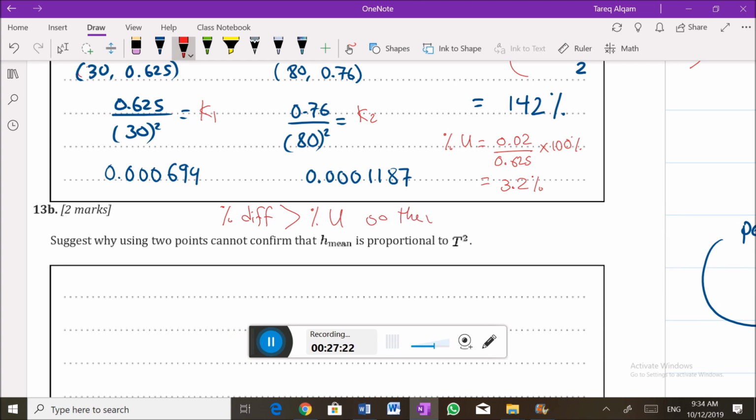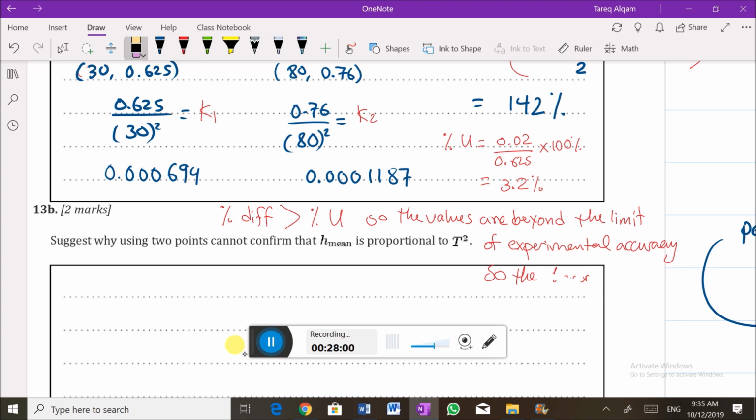So the values are beyond the limit of experimental accuracy. So the theory is not valid.